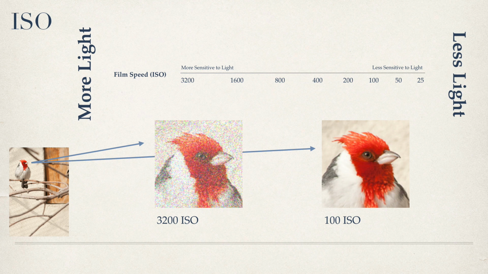They become more desaturated, less vibrant. Whereas at ISO 100, we get a lot more vibrancy in the color. And the last thing that you'll notice is that with ISO 3200, the image becomes not very sharp, very soft. It loses detail. Compare the beak, compare the eye, and compare the detail in the feathers. You kind of lose that between 3200 ISO and 100 ISO.